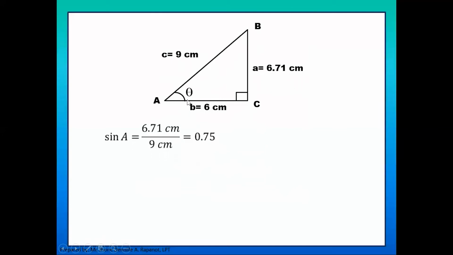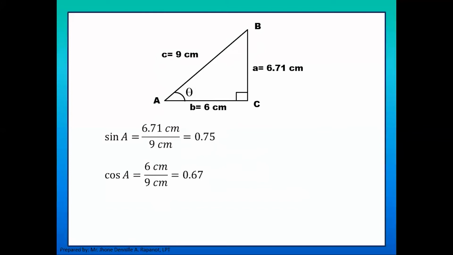We have this 0.75. Now for the next trigonometric function, which is the cosine, we have the equation for that, which is adjacent over hypotenuse. The adjacent of this angle theta is B, and hypotenuse is still C. So cosine A is equal to 6 centimeters over 9 centimeters.